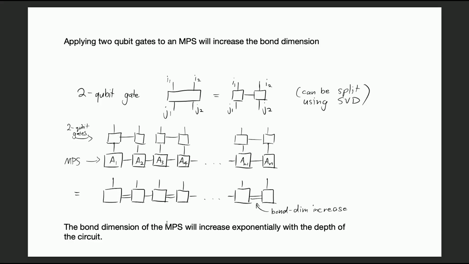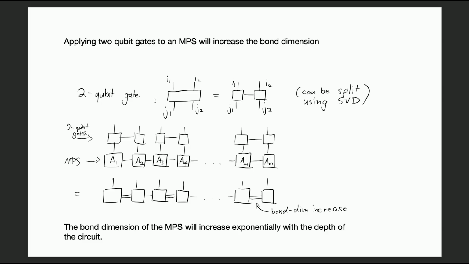Okay. So what happens if you consider the time evolution of a matrix product state? I'm going to consider the situation where you apply some 2-qubit gates to your matrix product state. You can represent a 2-qubit gate as a tensor.